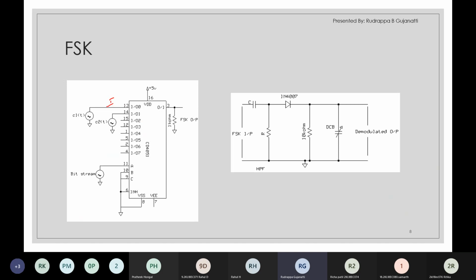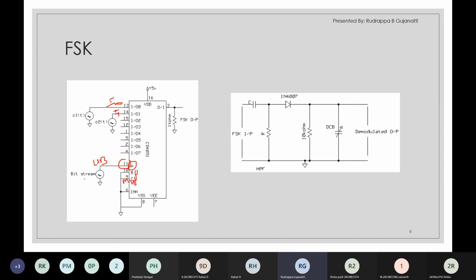So here we have I0, and here we have I1. And at the select line A, that is pin number 11, this is actually the least significant bit of the select line, and this one is the most significant bit. Since they are connected to ground, they are always 0.